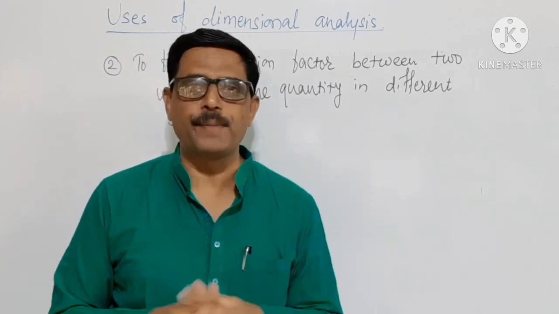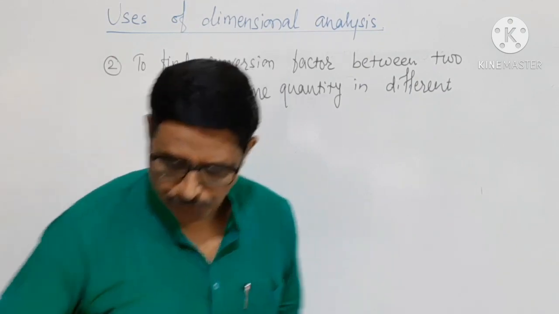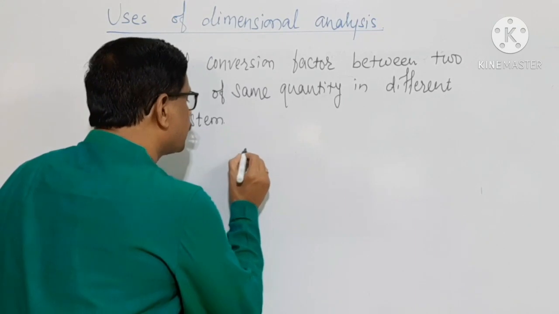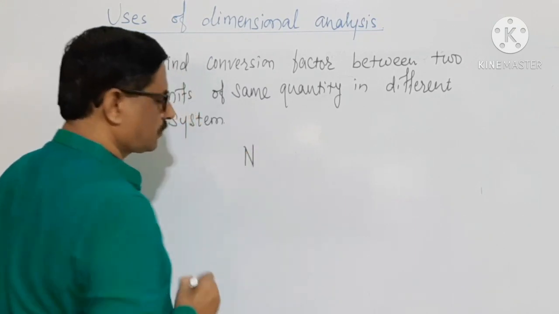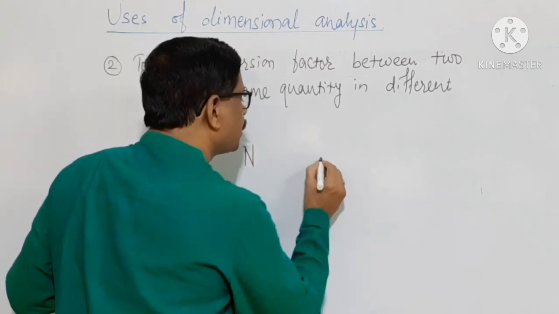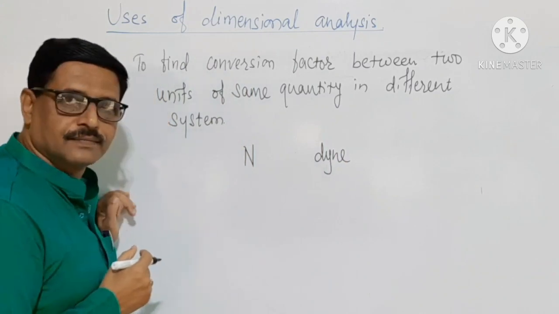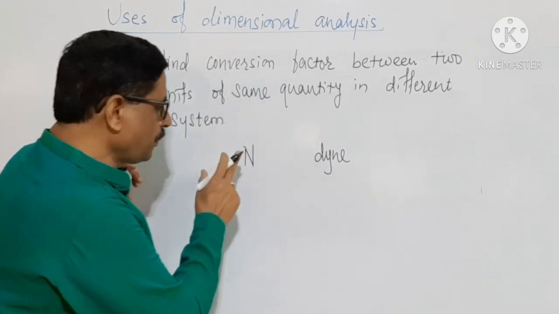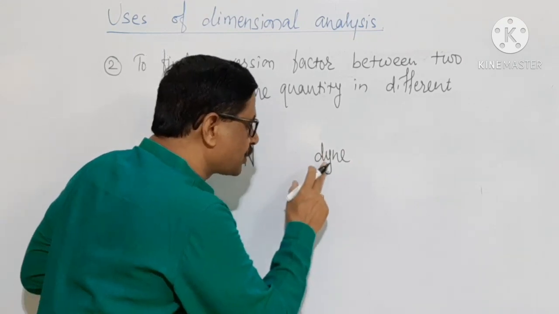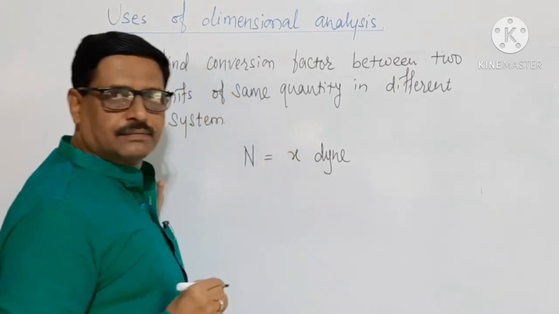We will take a simple example of the unit of force. We know that the unit of force in SI system is Newton and the unit of force in CGS system is dyne. Let 1 Newton equal x dyne.